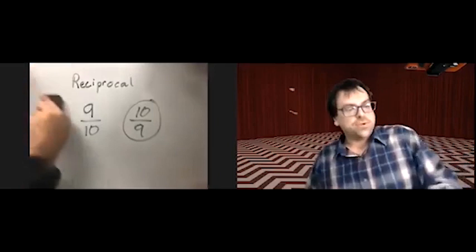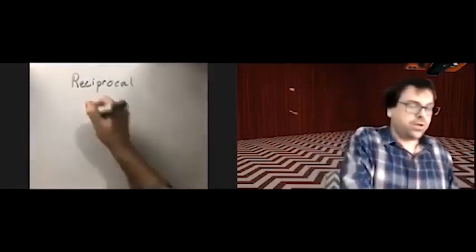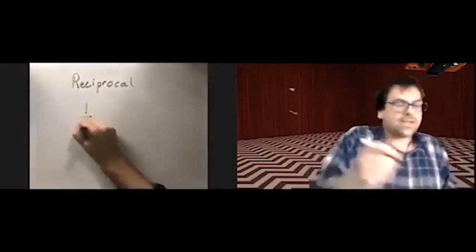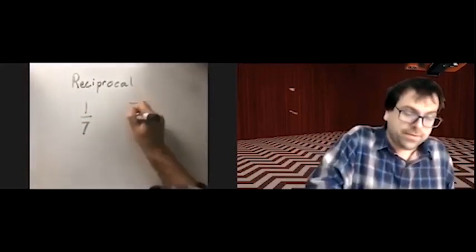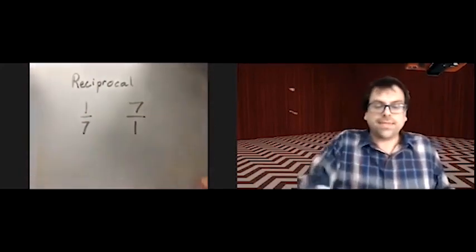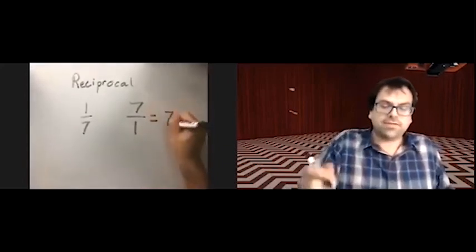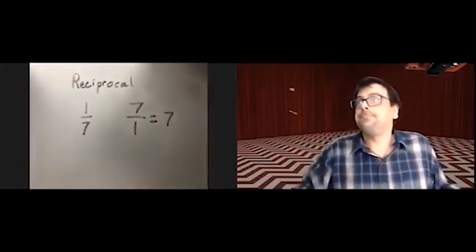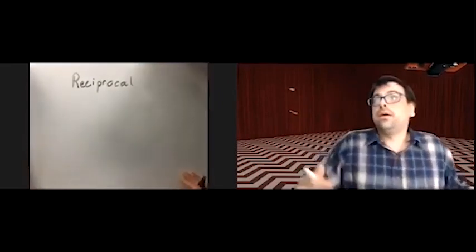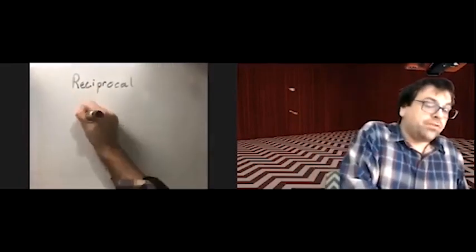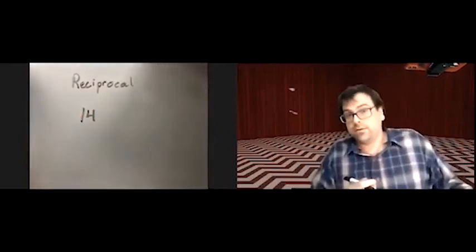So let's find the reciprocal of 1/7. Well, we flip it and then simplify. 7 over 1 is just 7. How about the reciprocal of the number 14?